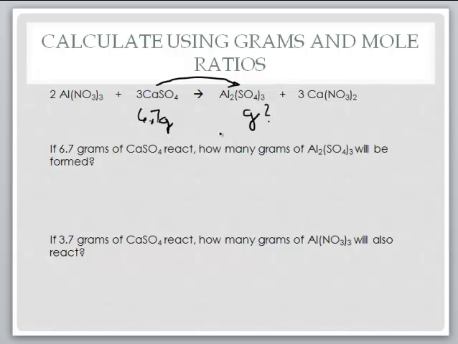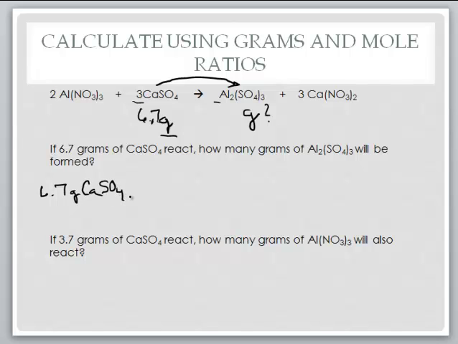Now remember, in the chemical equation, our coefficients are going to represent moles. So what we want to do is get our unit to moles, do the mole conversion, and then convert back to grams. So let's start with the given, 6.7 grams calcium sulfate.